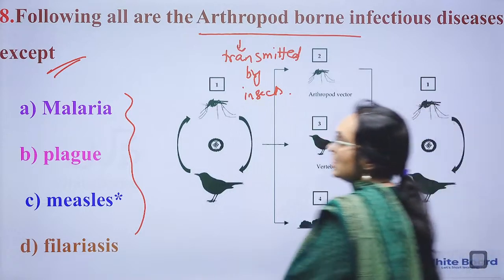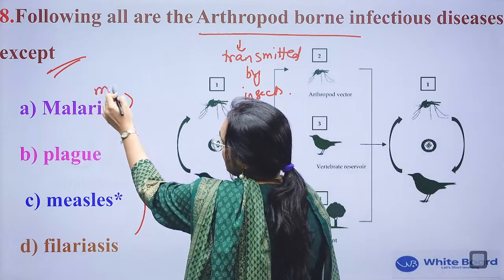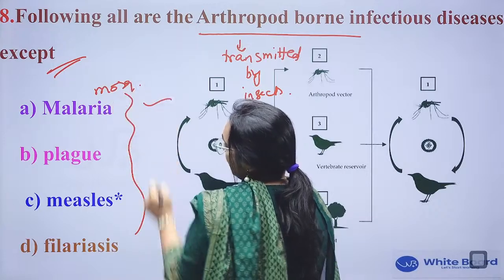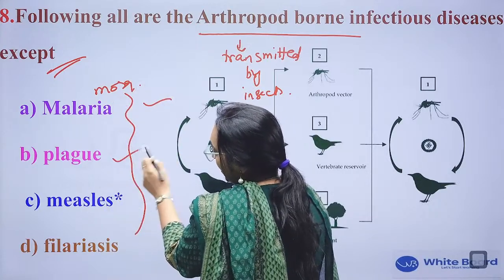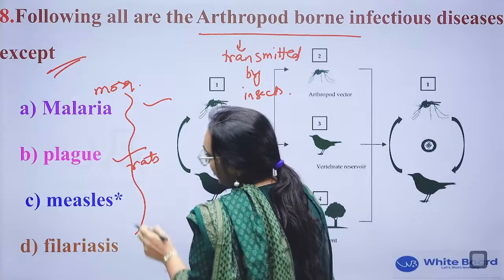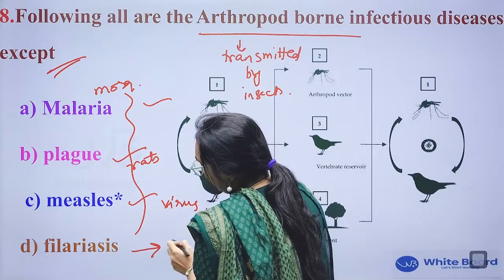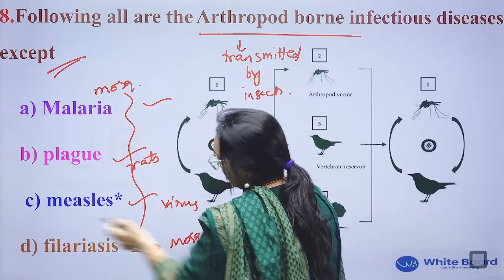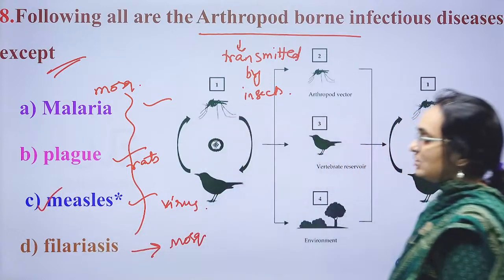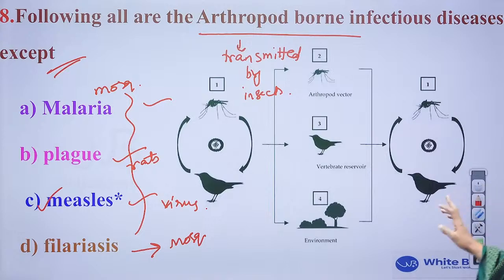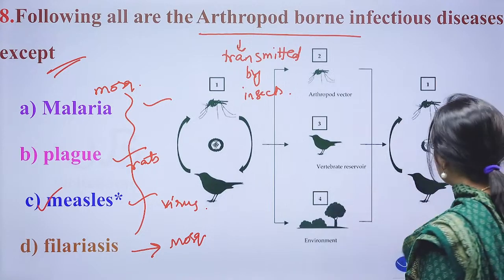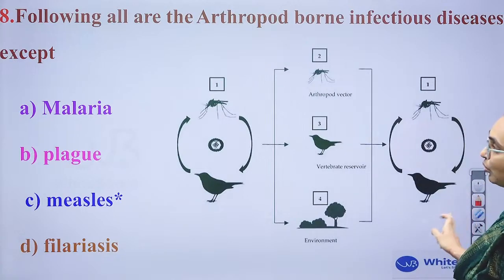Malaria is by mosquitoes, so it is an arthropod-borne infection. Plague is through rats, an arthropod infection. Measles is a viral infection. Filariasis is also by mosquito. So, here answer is C, measles. The rest of the options are transmitted by arthropods.